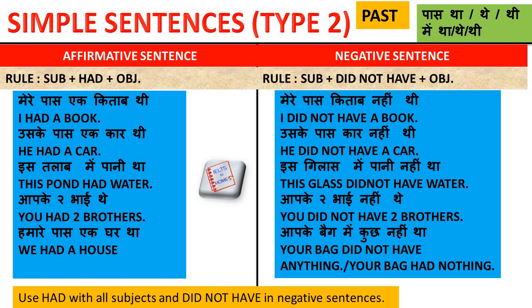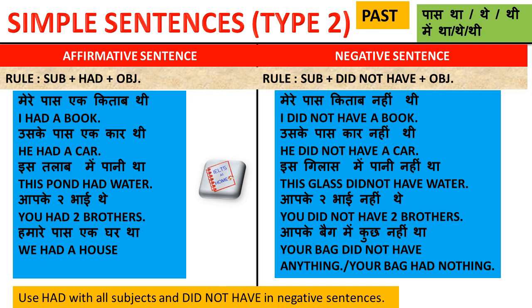So firstly, affirmative: subject plus had plus object. You can see the example. मेरे पास एक किताब थी. I had a book. उसके पास एक कार थी. He had a car. Whether the subject is singular or plural, we use had with all. There is no confusion about the type of subject.